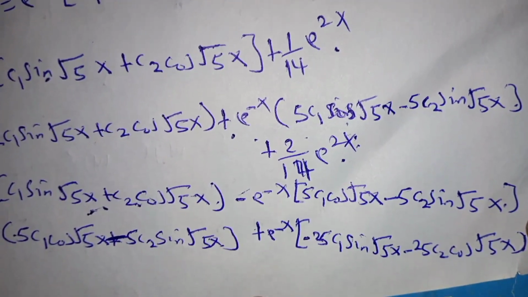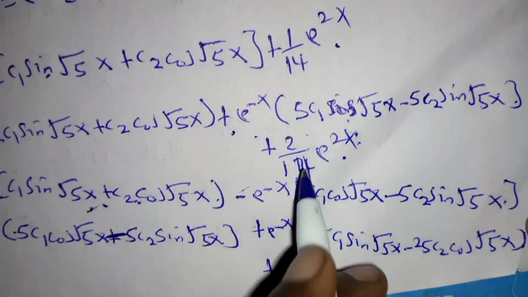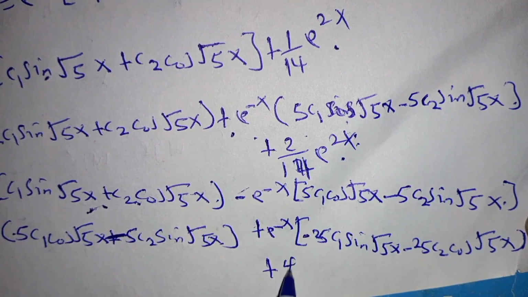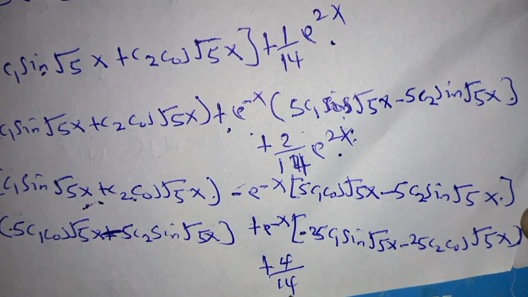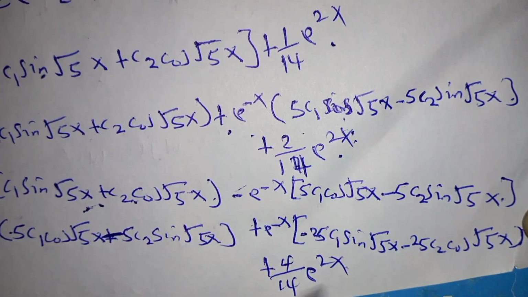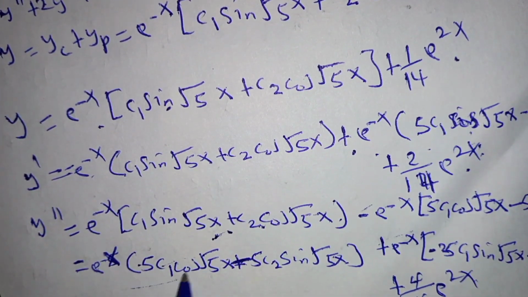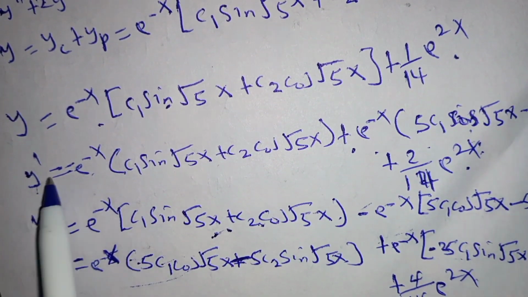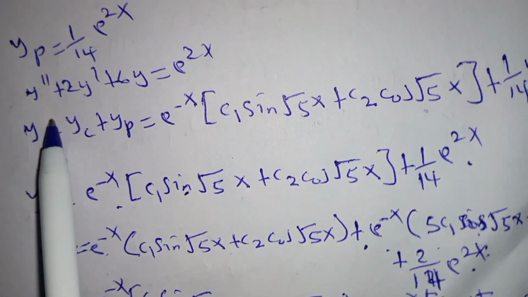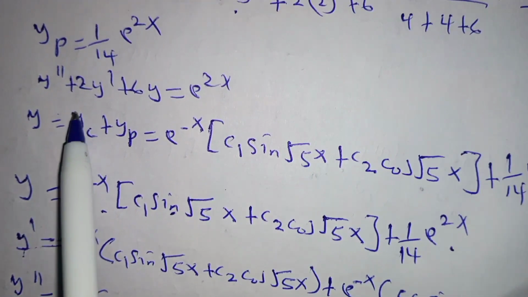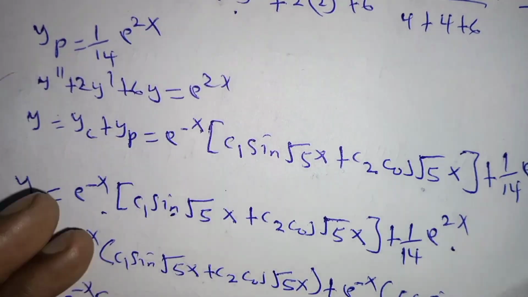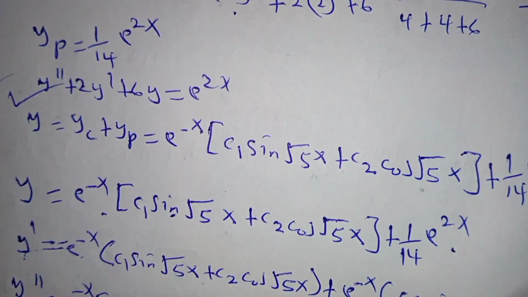You close the bracket, and then plus you differentiate this, which will give you 4/14 exponential 2x. Once you have obtained all this long equation, you substitute into your given ODE, and when you do it correctly, you are going to realize that this working is correct.